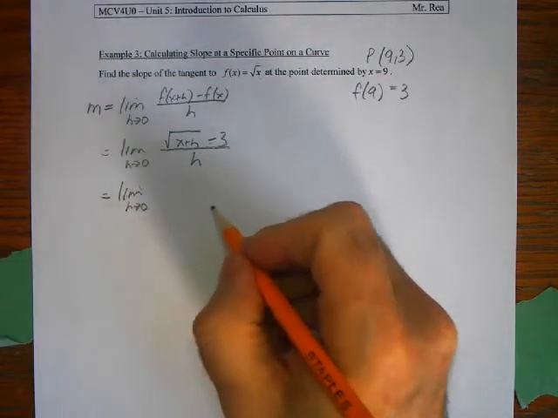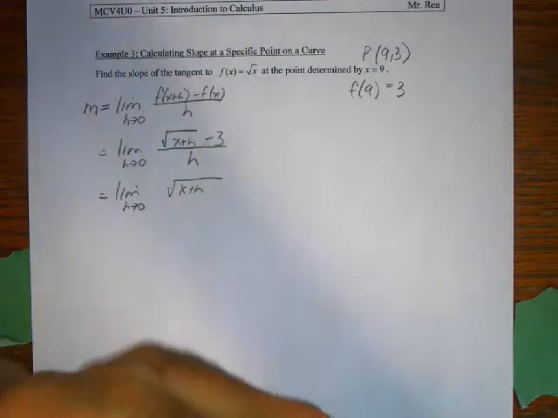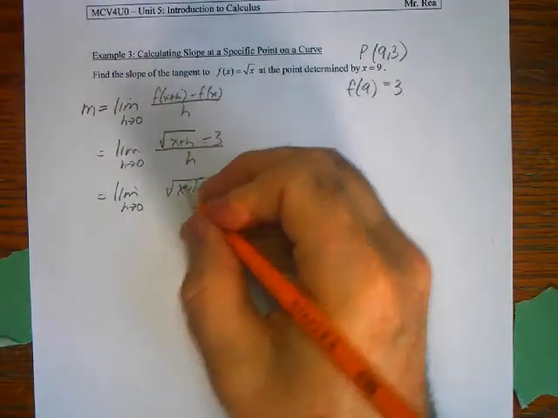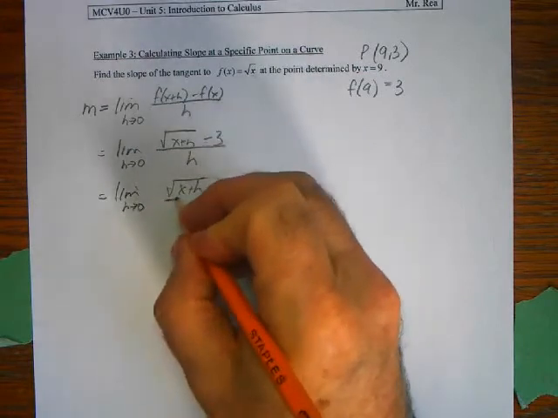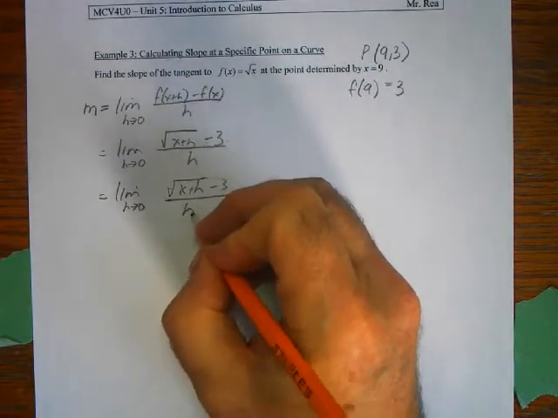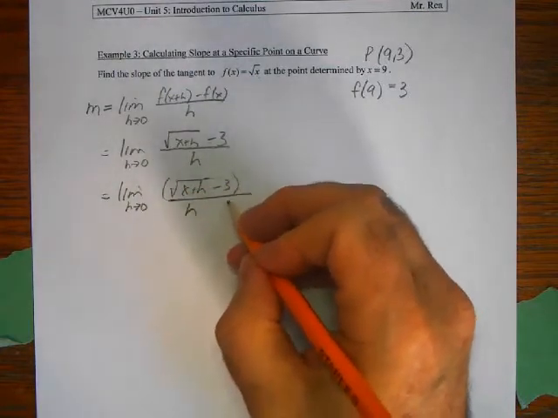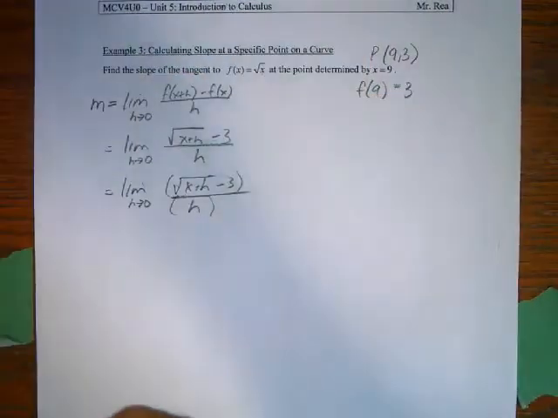So if we write it, the square root of x plus h, minus 3, over h, and what we're going to do is, don't need all these brackets, but I like brackets.